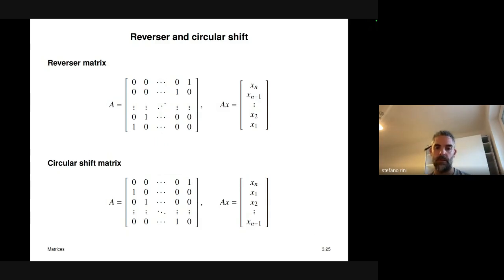So this one takes the last element of the vector and puts it in the first position. You can combine these matrices, and if you take the product of these matrices, since you only have zeros and ones, with one 1 per row and one 1 per column, you also obtain a binary matrix with only one 1 per row and one 1 per column.